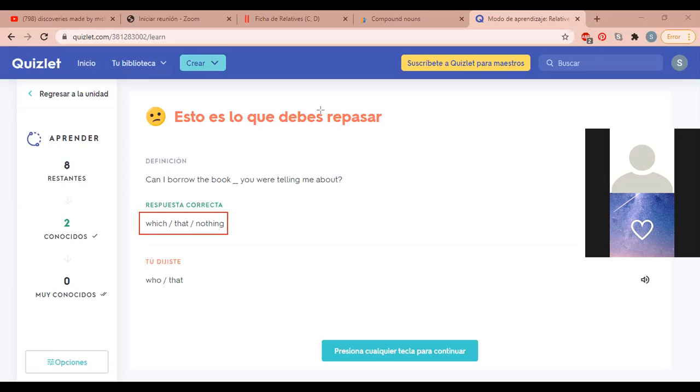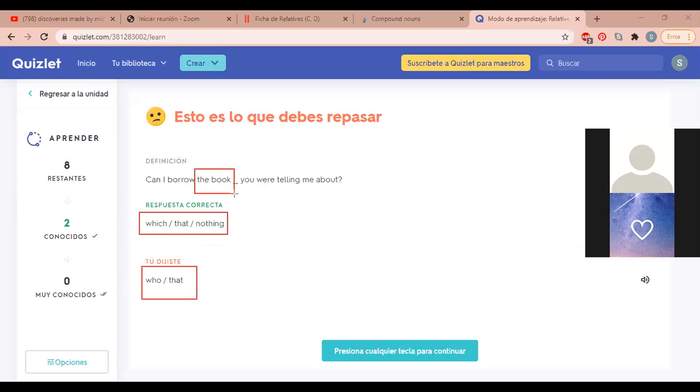¿Sí? Y tenemos nosotros, can I borrow the book that you were telling me about? ¿Podrías prestarme el libro del que me estabas conversando? Or can you borrow the book which you were telling me about? ¿Sí? ¿Por qué no who o that?